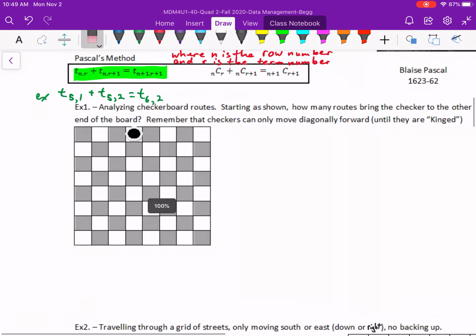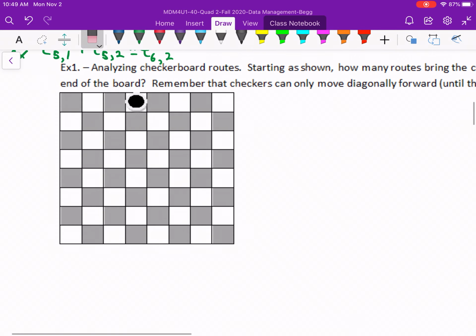We can use Pascal's triangle to help us count up the number of ways to get to a particular space. If we're starting at where it shows, let's put a 1 there, like the 0th row of Pascal's triangle.